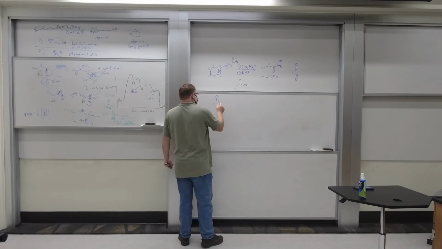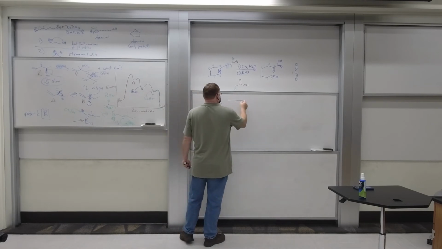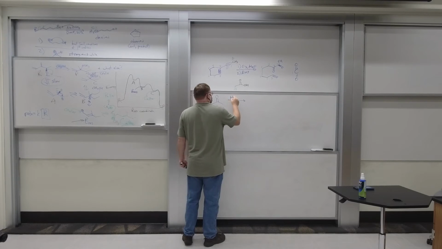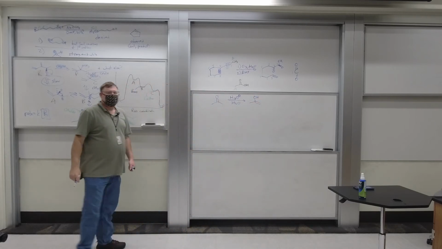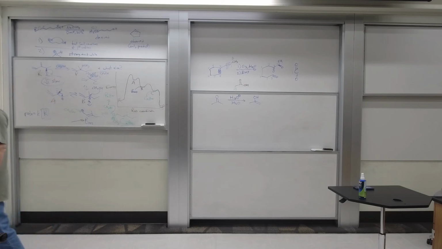All right, so let's do this under acidic conditions. So we've got a ketone, and we turn that into an enol under acidic conditions.